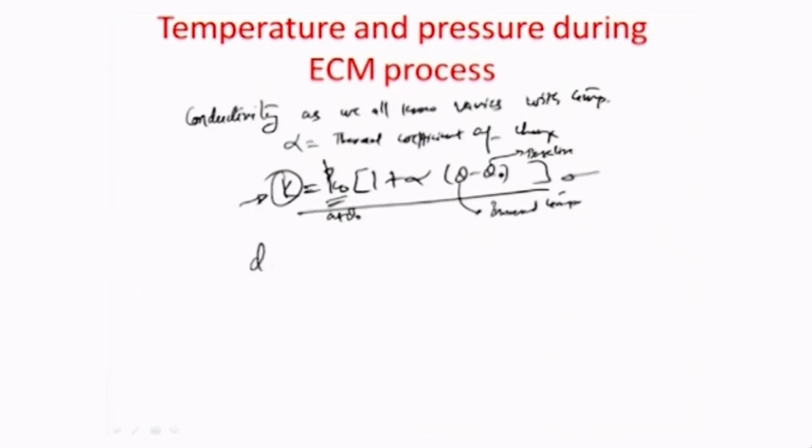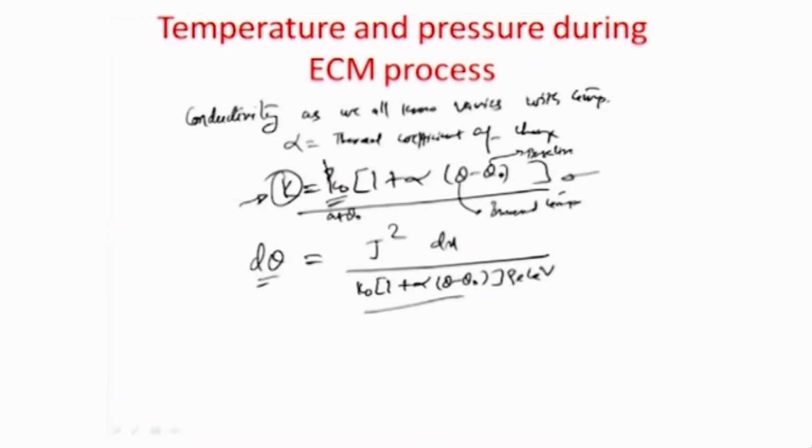If we are able to plug this into the equation for delta theta, which is equal to the square of J times dx divided by K0 times 1 plus alpha theta minus theta 0, rho E C E V, we are able to get a relationship between theta on one hand and all these other terms, J square, rho E, C E, V and dx, on the other hand.